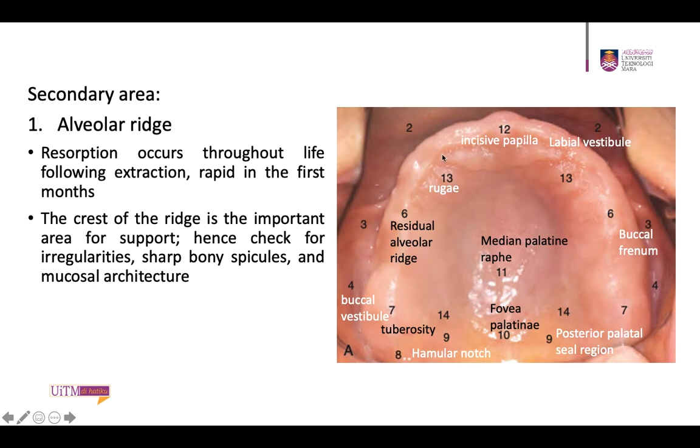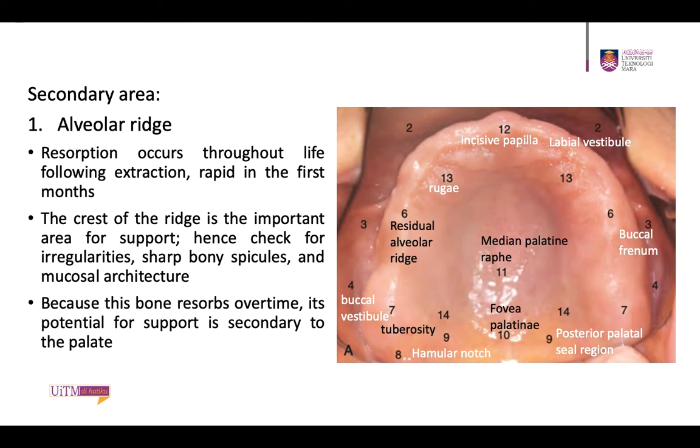You have to make sure that you palpate the mucosa all around. As the bone resorbs over time, its potential for support is not as good as the hard palate. This is the reason why the alveolar ridge is considered secondary to the palatal bearing area.